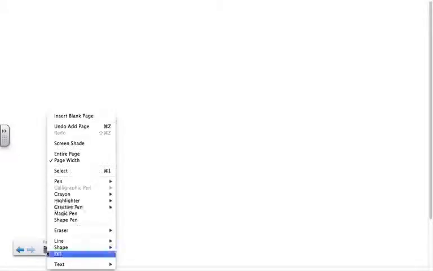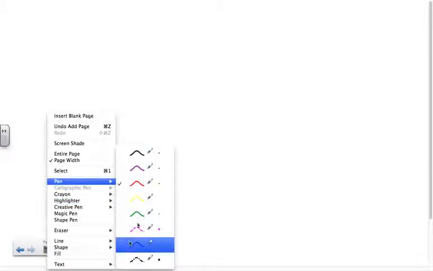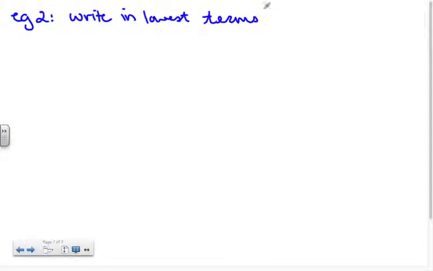All right, let's do another example here. We'll cover one more objective and we'll finish for the day. So I want to write 12 divided by 48 in lowest terms.